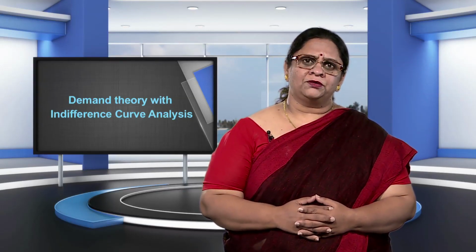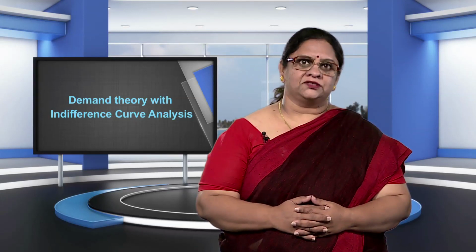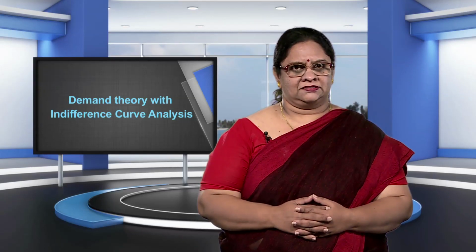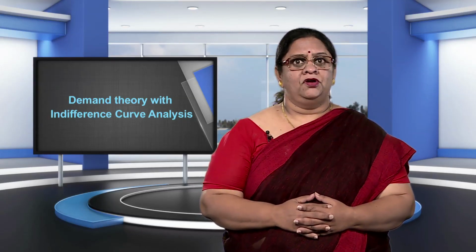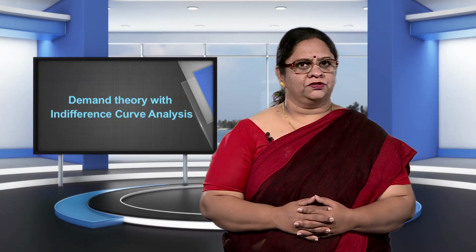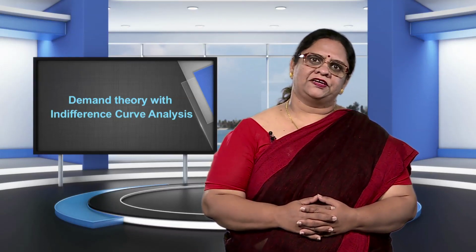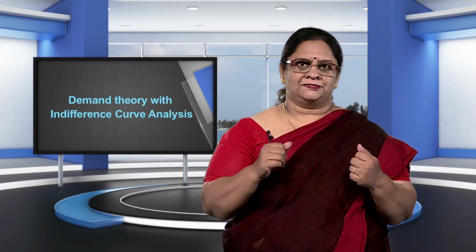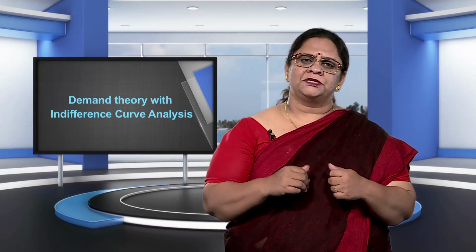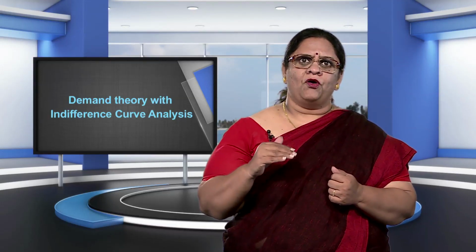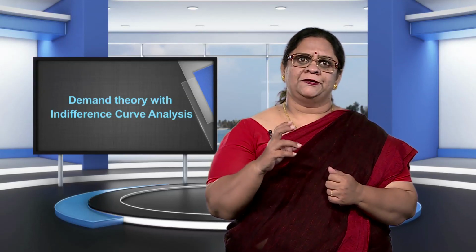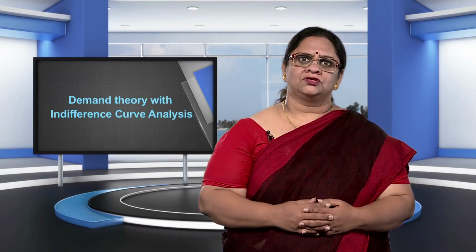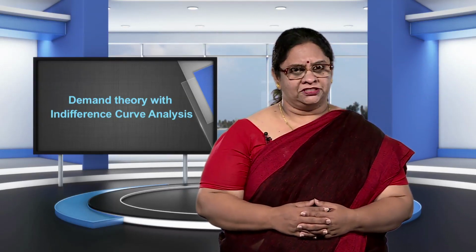Now, while we cannot measure utility, what we can do is to rank goods in terms of the satisfaction they give us. So, it's possible for me to say that I like mangoes more than bananas, or even more specifically, I could say that I like 2 mangoes as much as I like 3 bananas. Such an approach allows me to rank commodities or even bundles of commodities in order in which I like them, without having to measure the utility of any individual commodity.